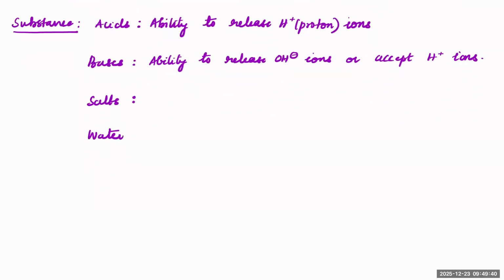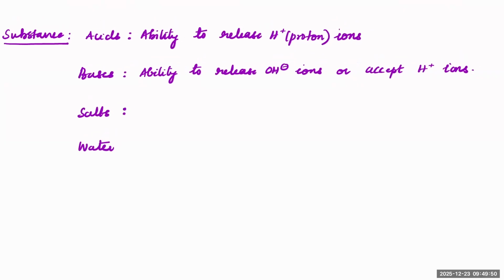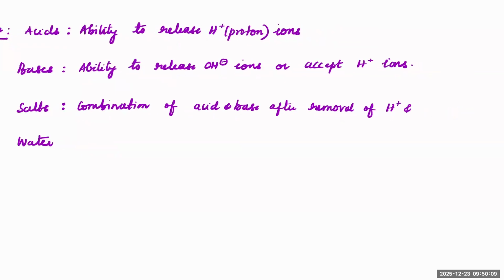Salt, you know, it is only about combination of an acid and base part, where H plus and OH minus are lost. So salt is combination of acid and base after removal of H plus and OH minus.